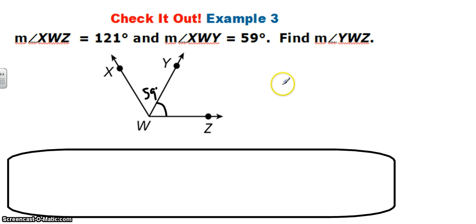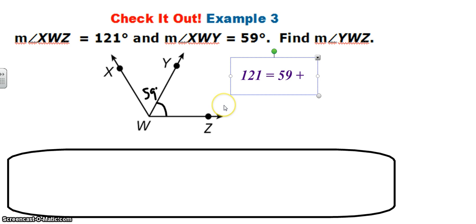So we know that 121, let me see if I can type it out for you, 121 must equal the 59 degrees plus this unknown angle of YWZ.